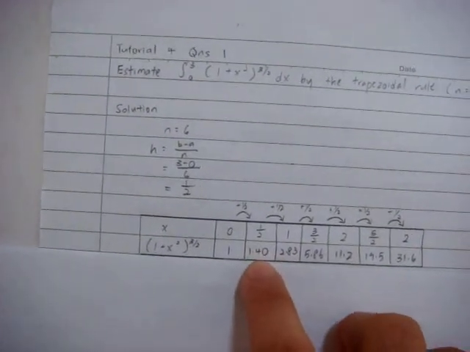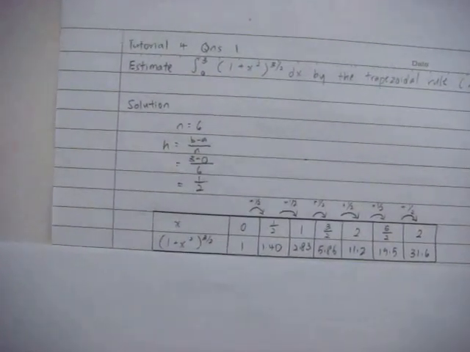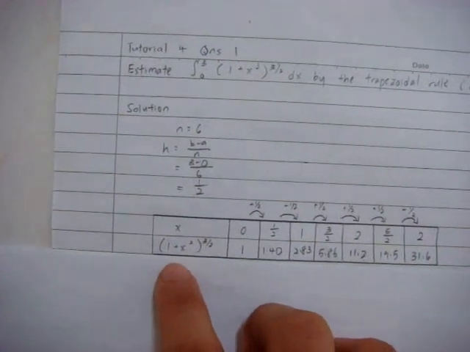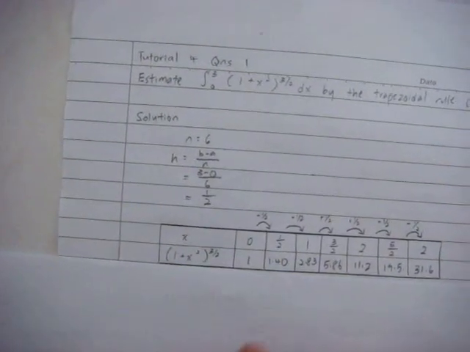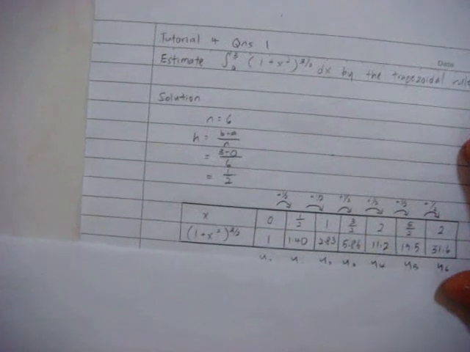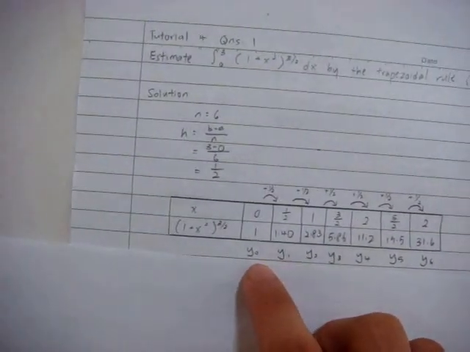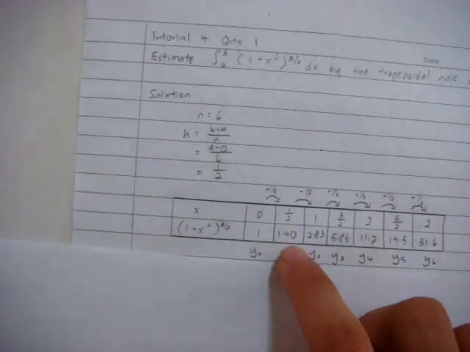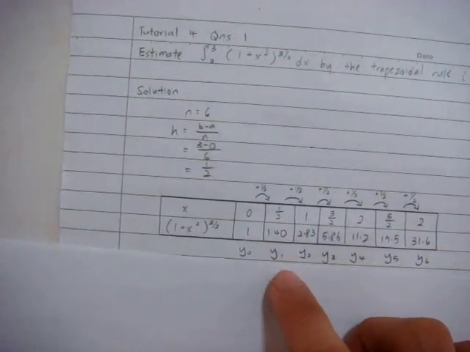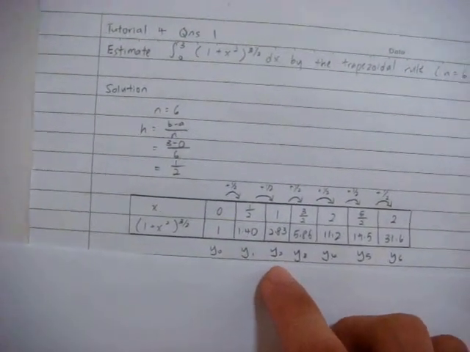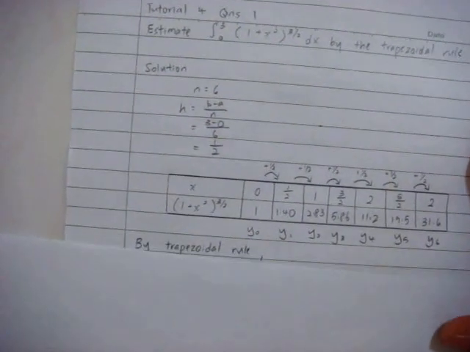And to get the value over here, substitute x equals half into (1 plus x squared) to the power of 3 over 2, and so on. And we name 1 as y0, 1.40 as y1, 2.83 as y2, and so on.